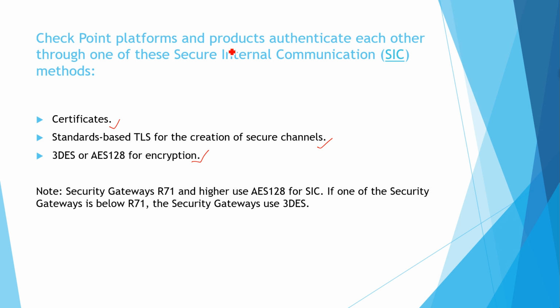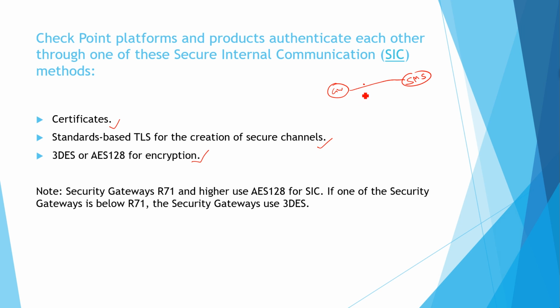Certificate is basically, suppose we have one gateway and one SMS, secure management server. If you are going to communicate between these two devices, they must be connected via a link. It's fiber, it's Ethernet, whatever, doesn't matter.